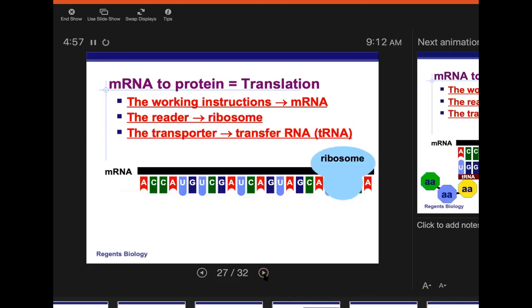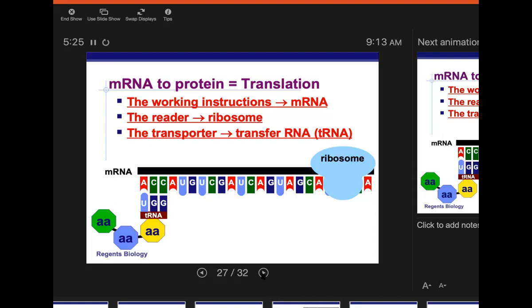Turning mRNA into a protein is called translation. The instructions, of course, come from the mRNA. The ribosome is what's reading those instructions. And then the transfer RNA, or tRNA, is what brings the amino acids into the process.